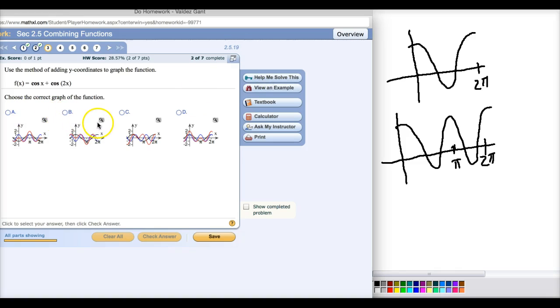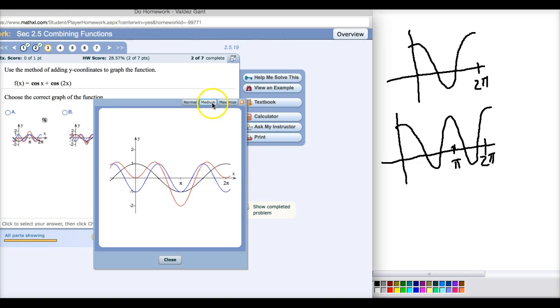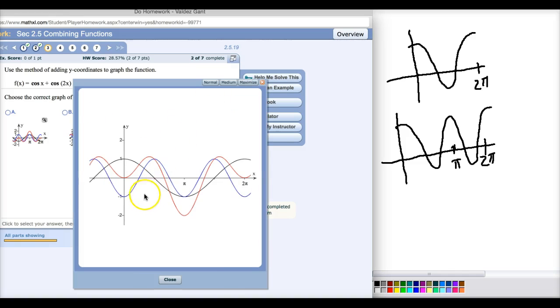Let's move on to B. Let's see how that looks. Our black graph starts off being cosine of x, and that looks good because it looks just like the graph that we sketched. If we do cosine of 2x, it should look just like the black graph, but we have twice as much within the same amount of x values.